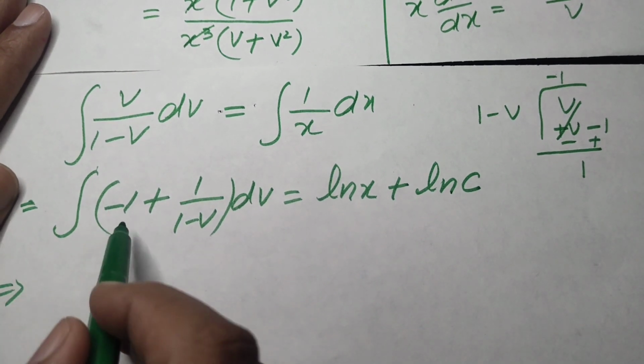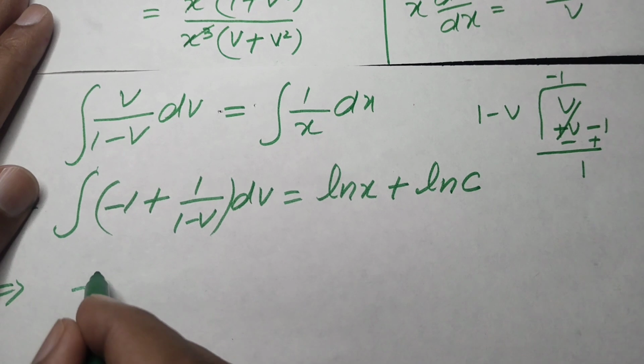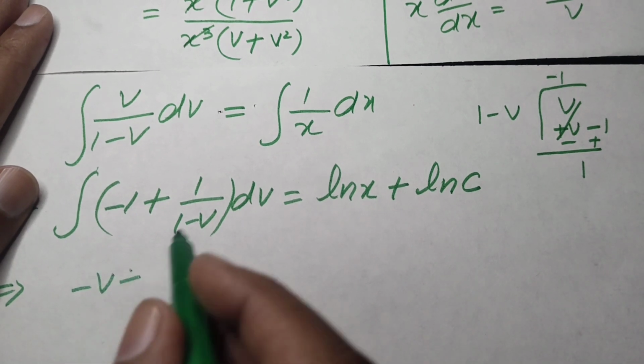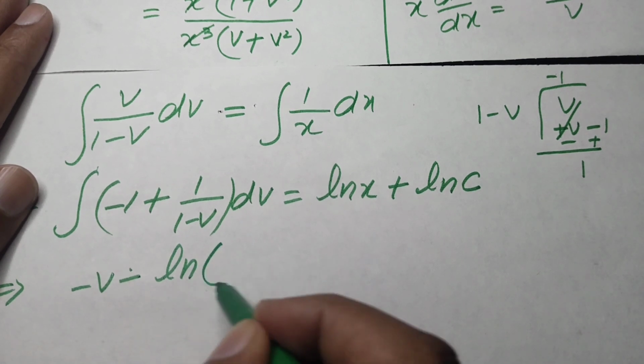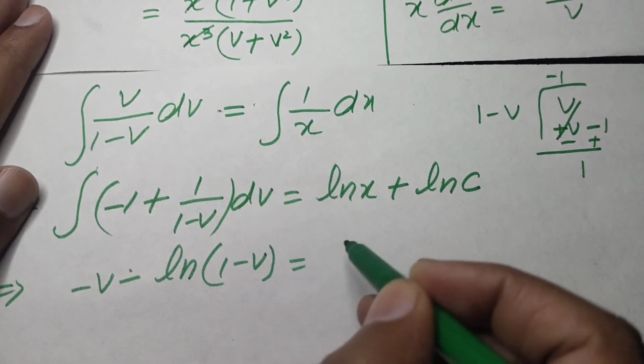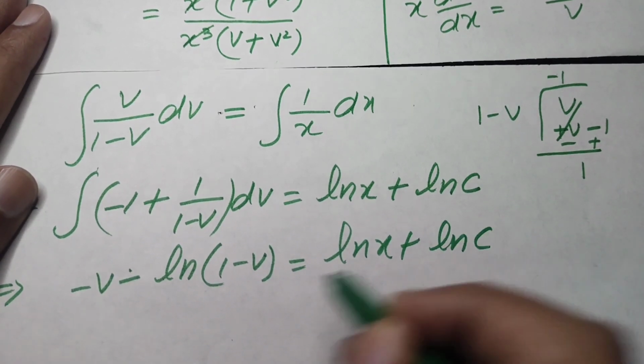Then we integrate both terms separately, and we get minus v minus log of (1 minus v) is equal to log of x plus log of c.